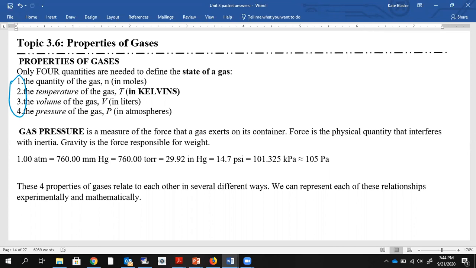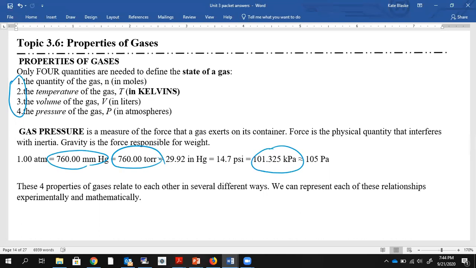Gas pressure is not always given to us in atmospheres, and so we have different conversions that we need to know to be able to convert back and forth. The biggest ones are millimeters mercury and torr, which are basically the exact same measurement, and kilopascals. The conversions that you need for these pressures are on your equation sheet, which we're going to be using a lot more now that we're doing math.